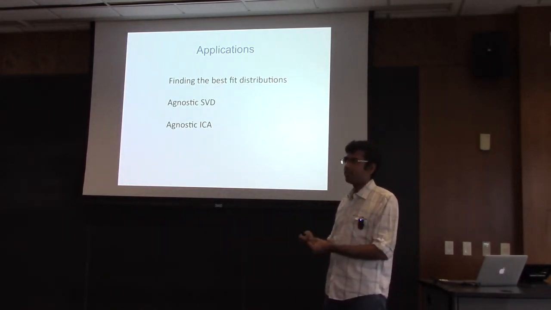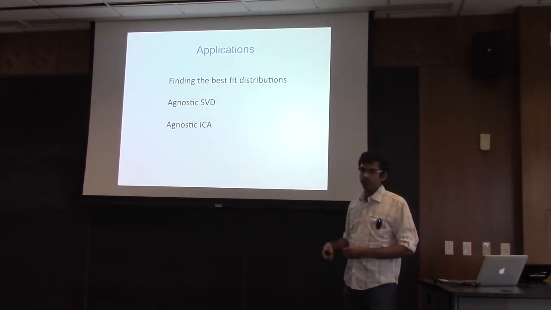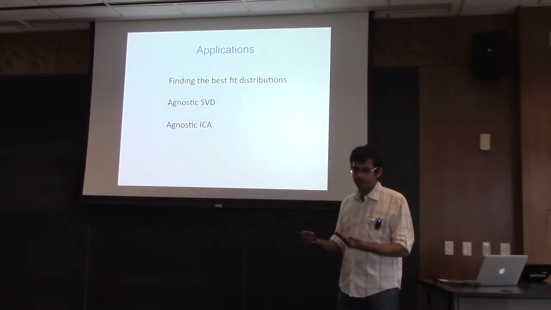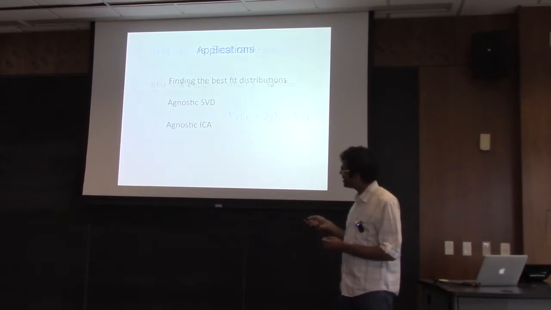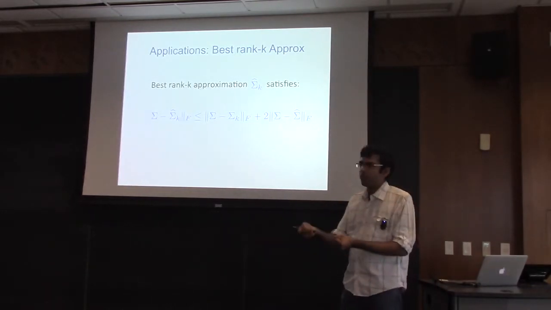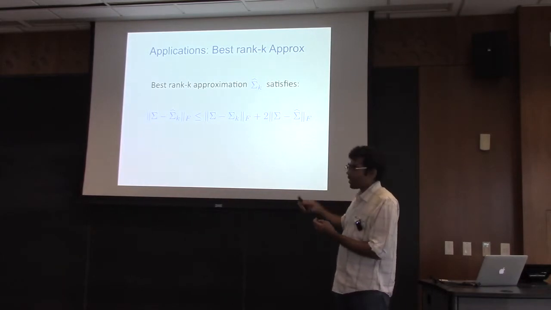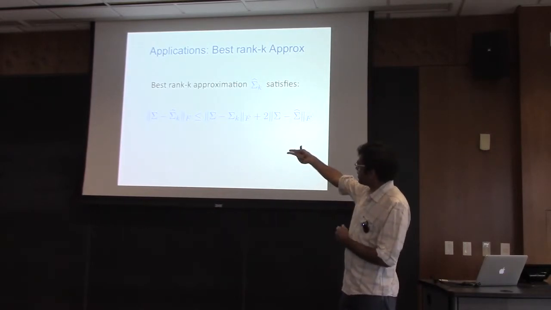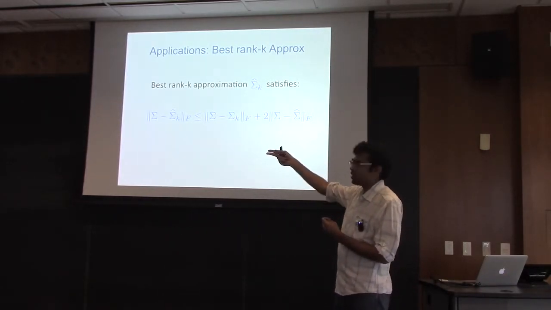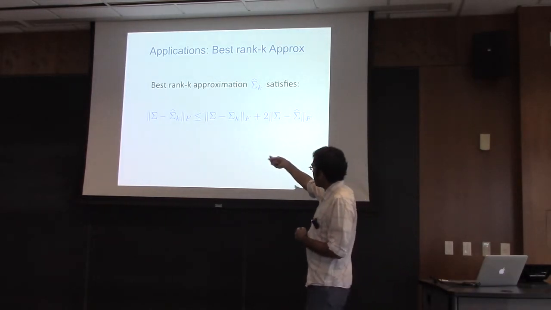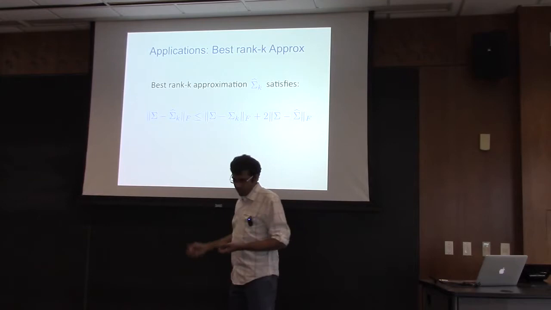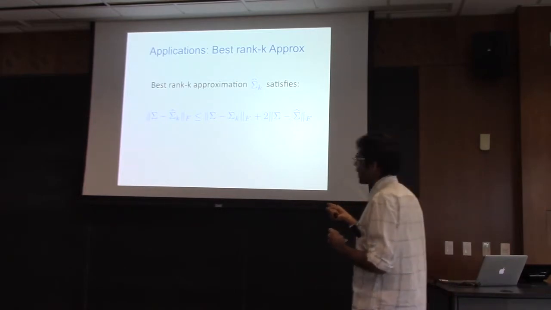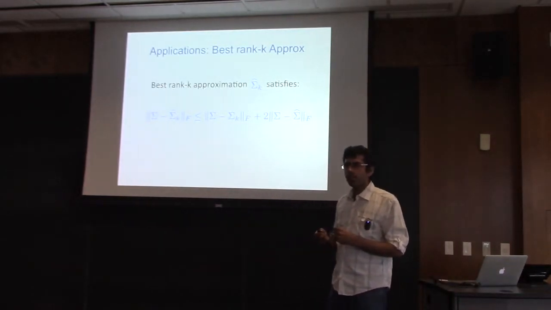Now, if you can do it in the presence of adversarial noise, you can hope to solve those problems too under the same model. As an example, if you first compute sigma hat and then compute the best rank k approximation for sigma hat, it is a good rank k approximation to the true sigma too. You can give a bound showing that even in the presence of adversarial noise, this is close to the best rank k approximation.